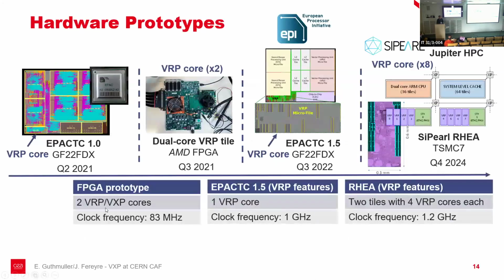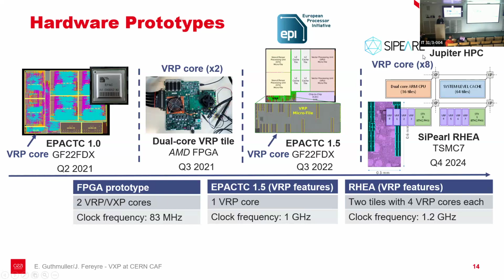In terms of hardware prototypes, we have had several tape outs in GF22 technology, and soon we hope in the Cypher RIA chip, which will end up in the Jupiter HPC.